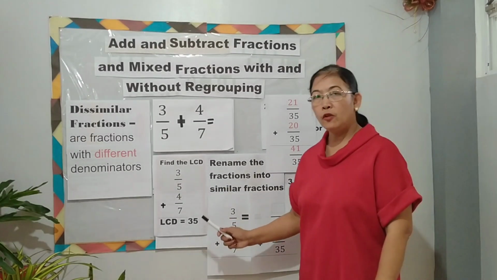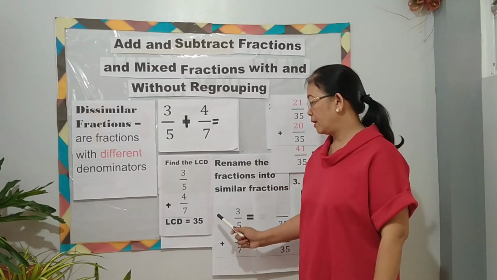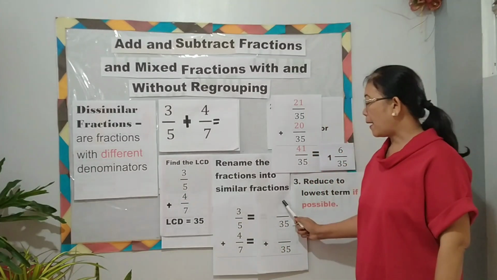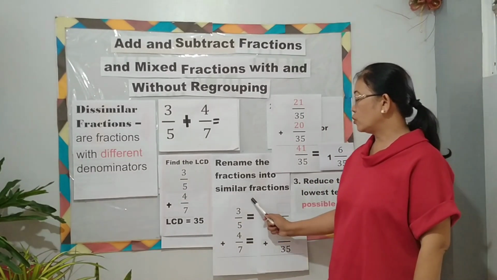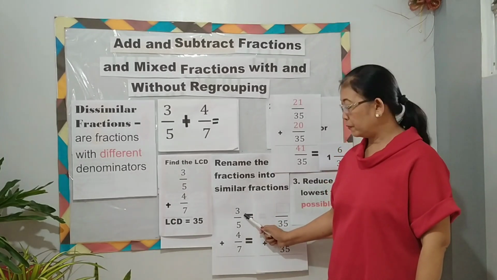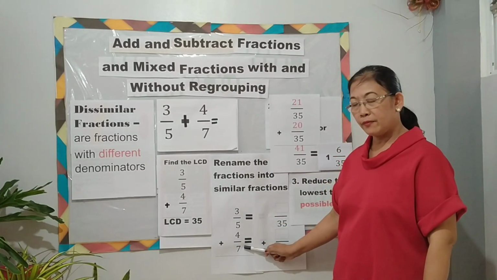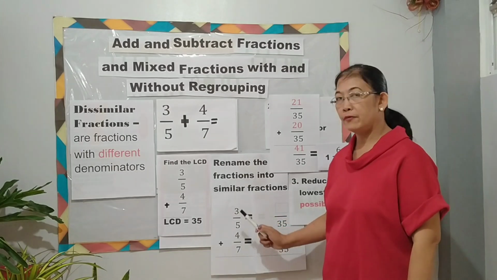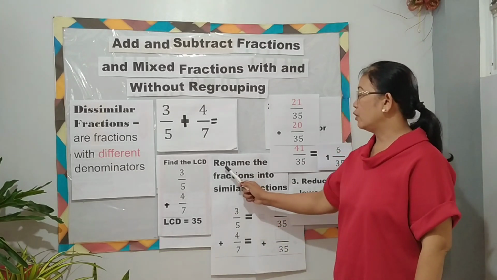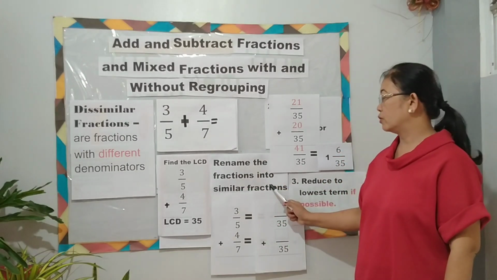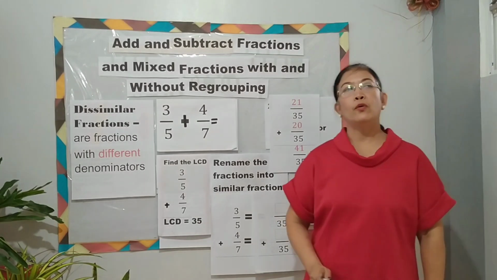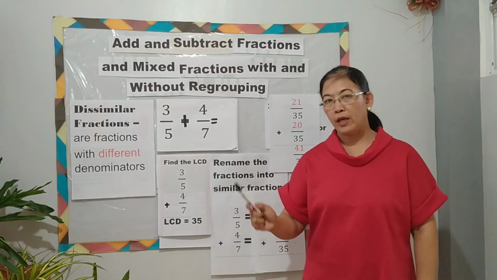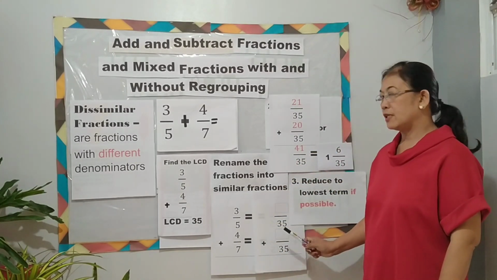Then we are going to use 35 as our denominator here. So we're going to change 3/5 and 4/7 into similar fractions. Here you are going to rename the fractions into similar fractions. And how are we going to do this? Okay, just look at the process.